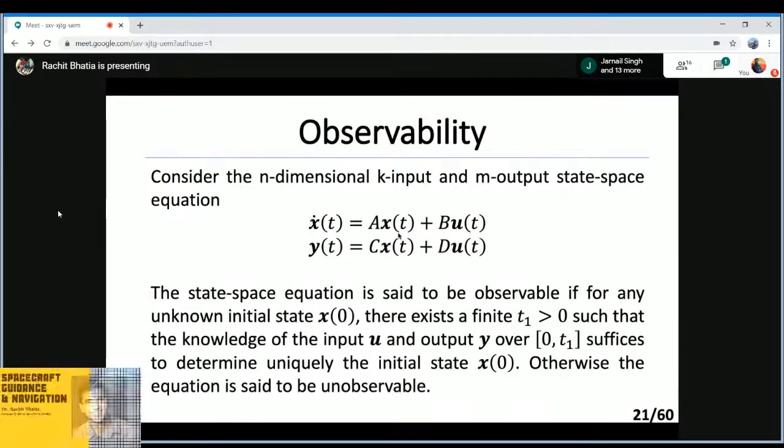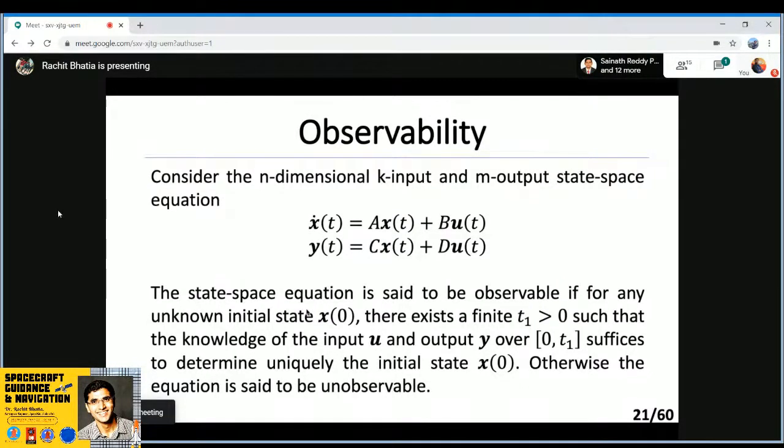Now, this is a very complex statement, so the only reason I read this was to help you understand it. In a gist, this statement is saying that the system is observable if for a unique output, you get a unique input or unique initial state.